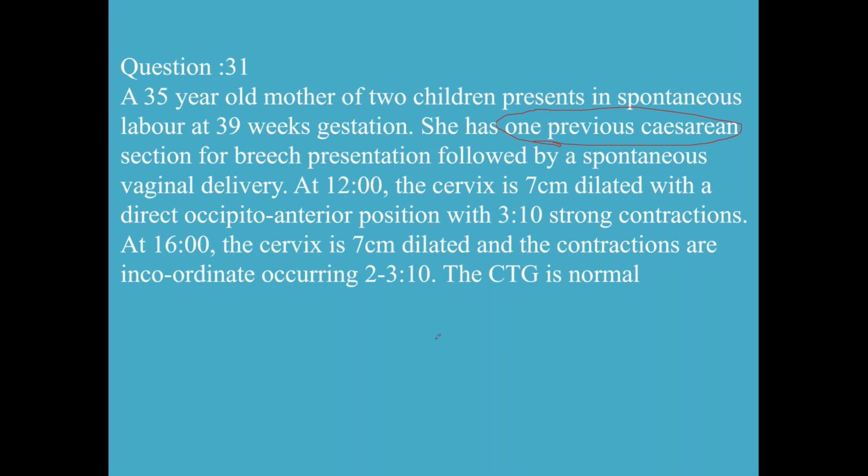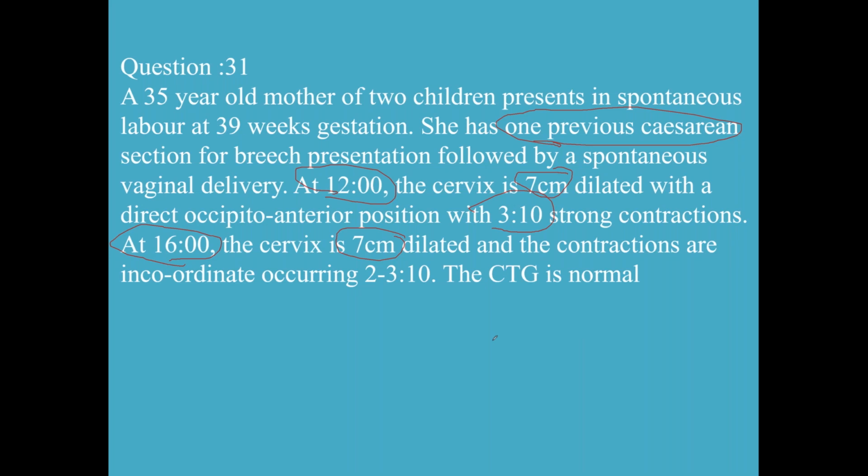At 4 o'clock, the cervix is 7 centimeters, and the contractions are incoordinate, irregular, occurring 2 to 3 per 10 minutes. The CTG is normal.